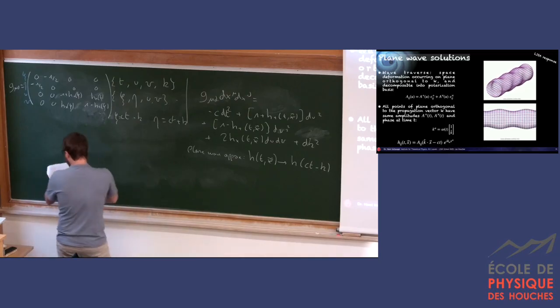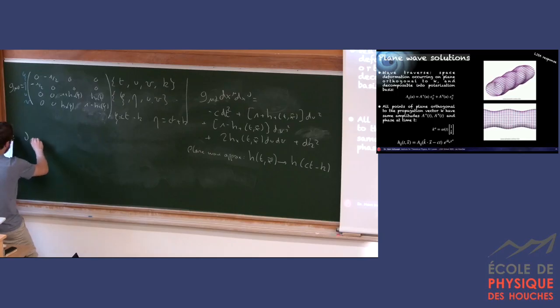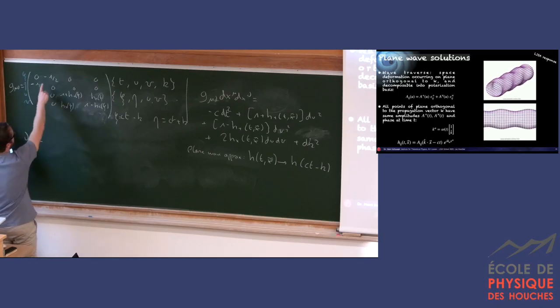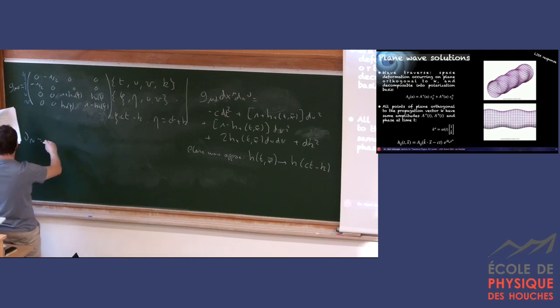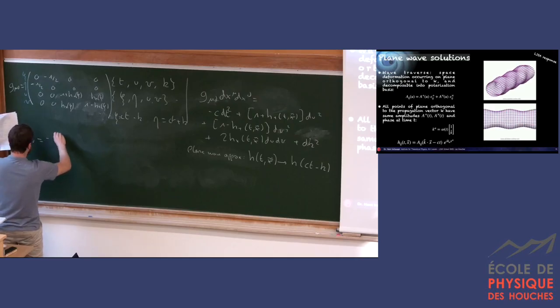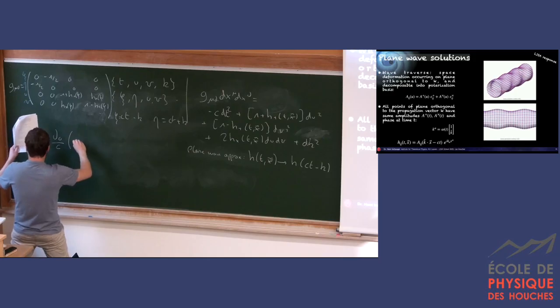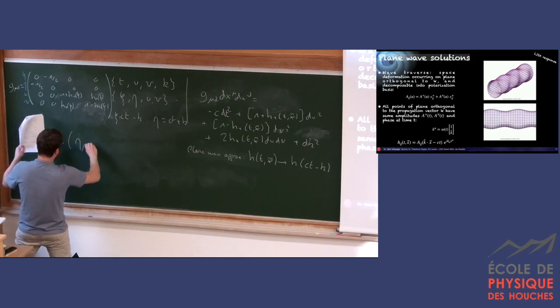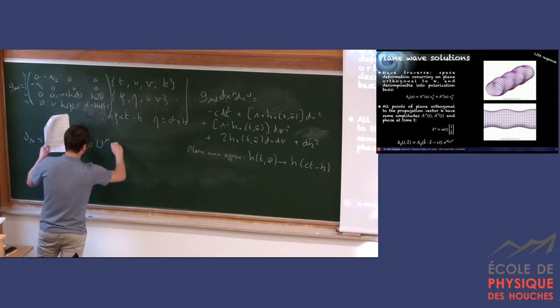Okay, so if this is the case, then now you can simplify by the fact that you have many terms which are 0 in this metric. And so your u n can be written this way. So you keep that part.